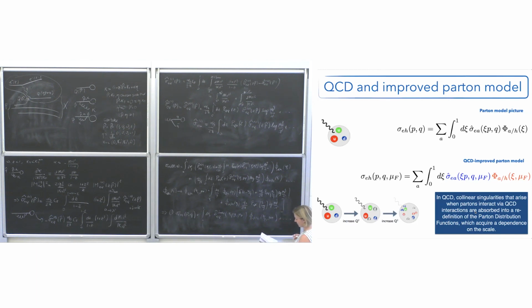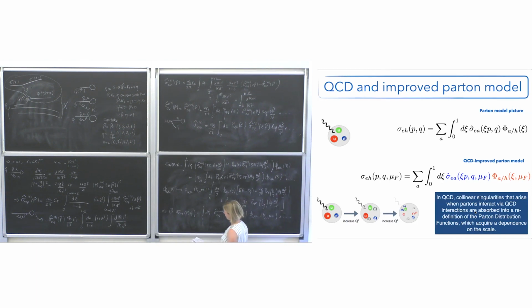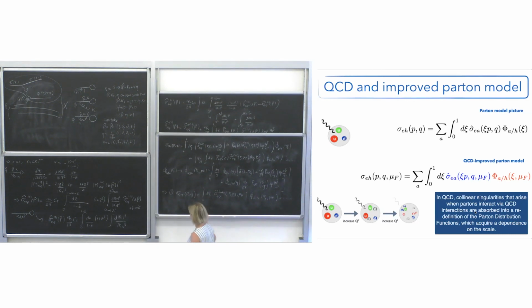And the other thing, which is what we are going to call the DGLAP evolution equation, is that you see that now the cross-section depends on, sorry, here I should put also mu f.